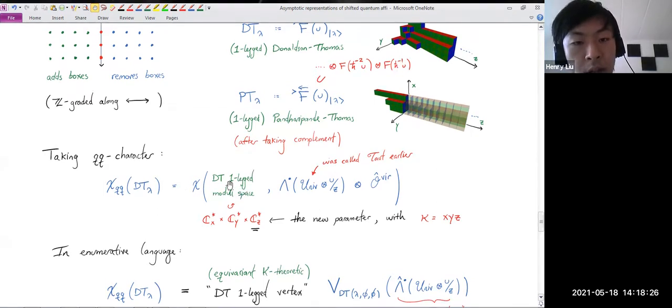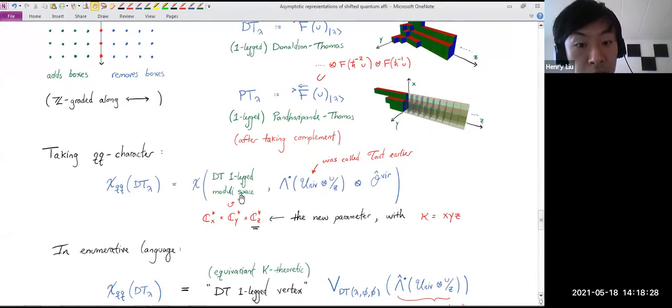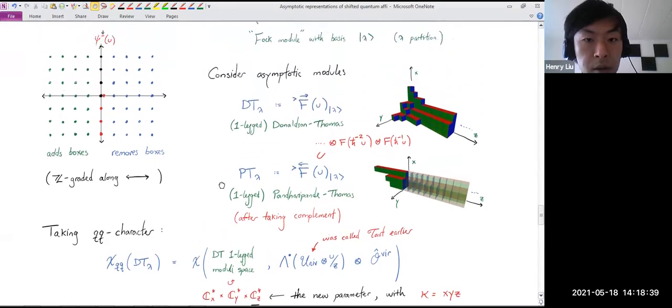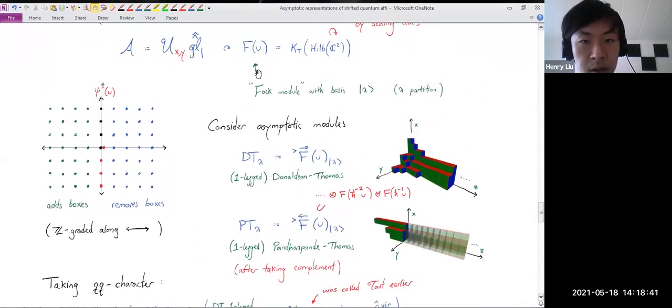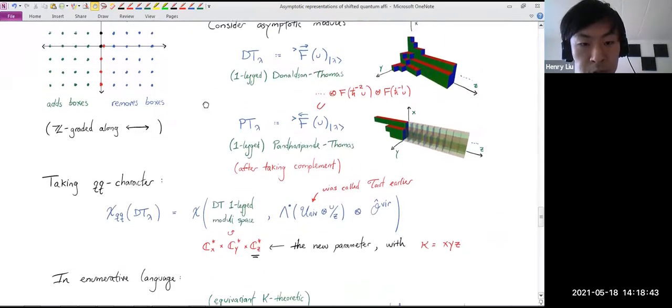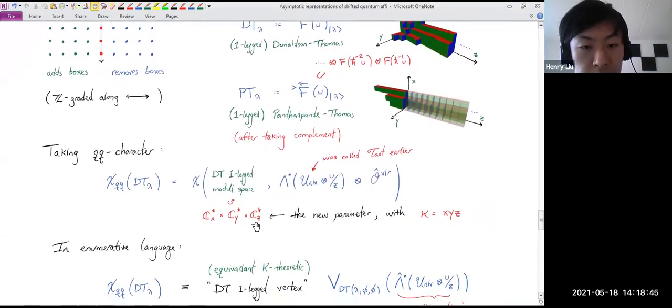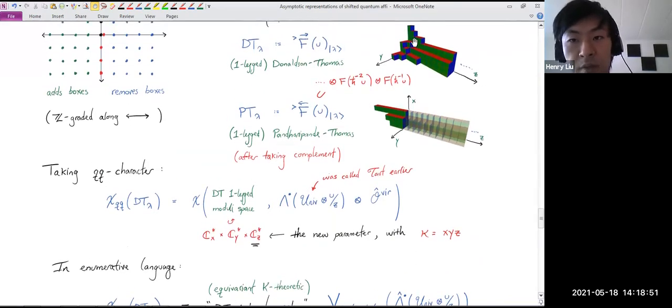So on this DT moduli space, we have an enlarged torus, T tilde, acting on it. We have the original x and y weights coming from the Fock module, right? Hilbert scheme of C2. And we have this extra parameter z, which in our 3D pictures really just is the weight of the third axis z.